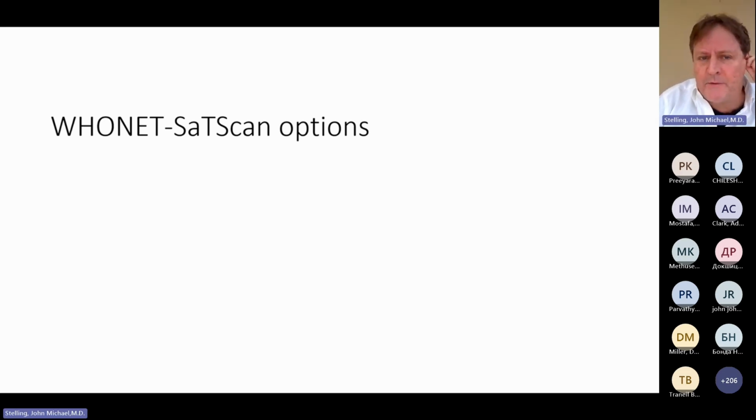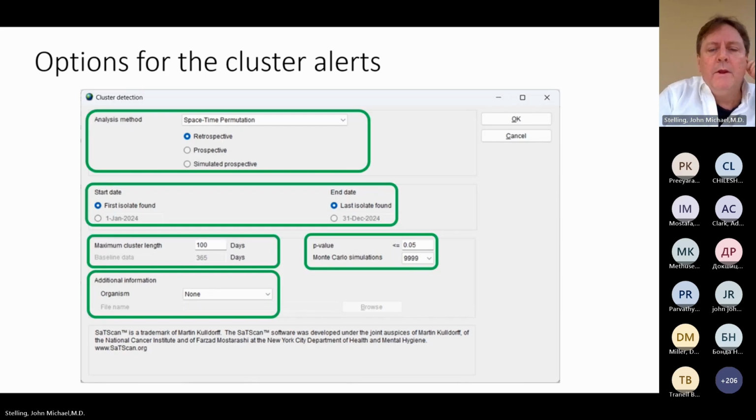Right now, I just accepted the default options. So we're going to see this screen, and you can see there are different options for the analysis method, start date and end date, maximum cluster length, baseline data, p-value, Monte Carlo simulations, and then additional information.